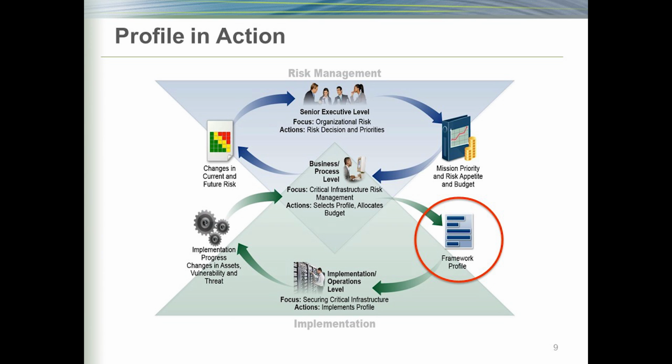That's really a big part of the customization of a profile, such that at the business process level we're expressing these subcategories are more important than those. It's important to make that distinction, and then ultimately that can cascade, in the spirit of the informative references, at the implementation level to some sort of way that you manage the security operation, whether it's a controls framework, controls catalog, or something different.